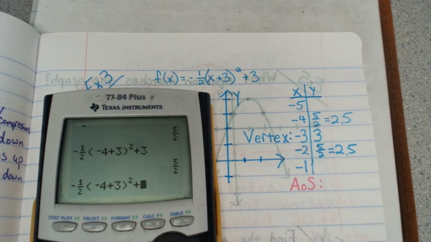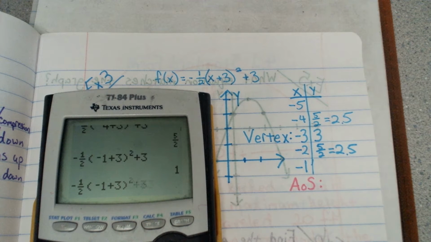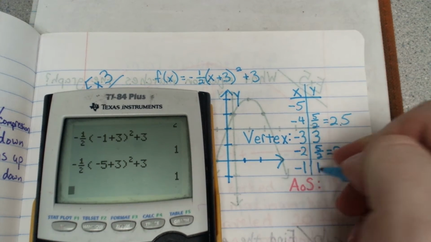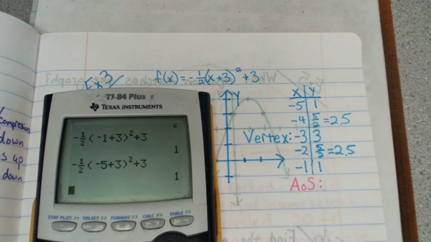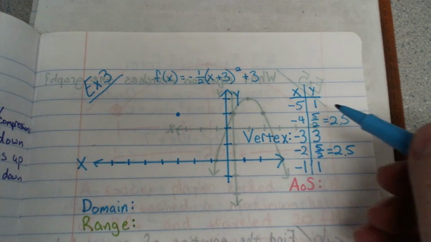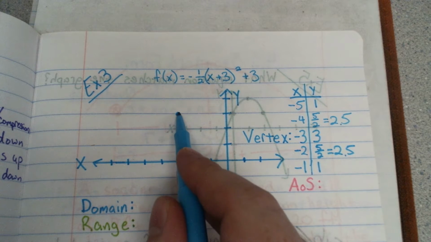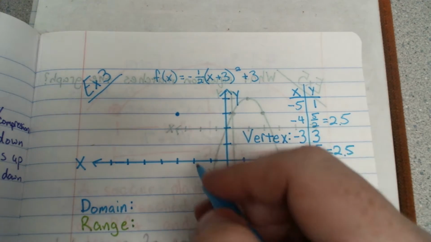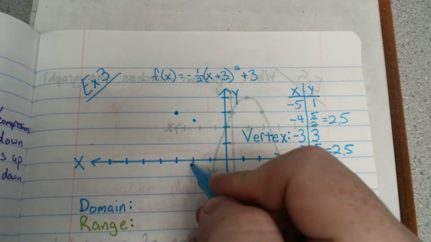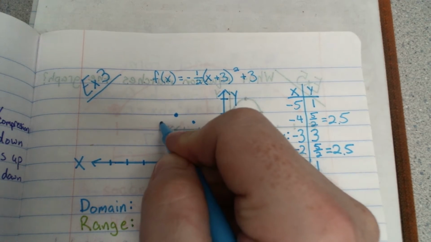And then if I put in a -1 or a -5, we get a 1 either way. So that tells me 4 more points that I can use to graph this function. So we've got, after (-3, 3), we also know (-2, 2.5) and (-4, 2.5).